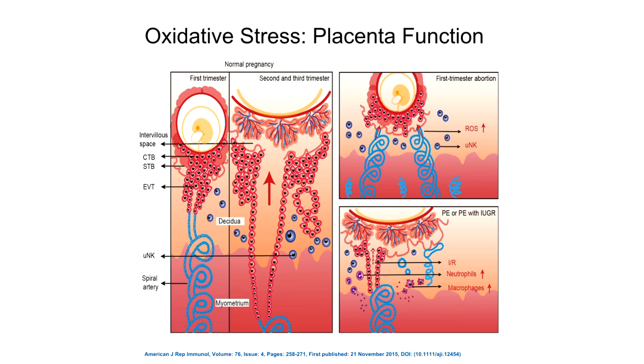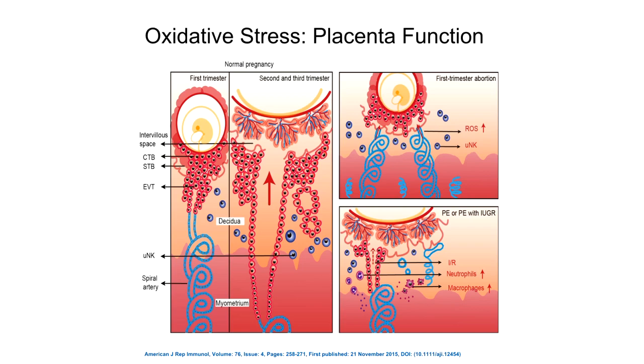During the second and third trimester, after the placenta is already implanted in the endometrium, we need to see a little space in between those syncytial trophoblasts, which is normal, and it is important to progress in the pregnancy in a normal way.